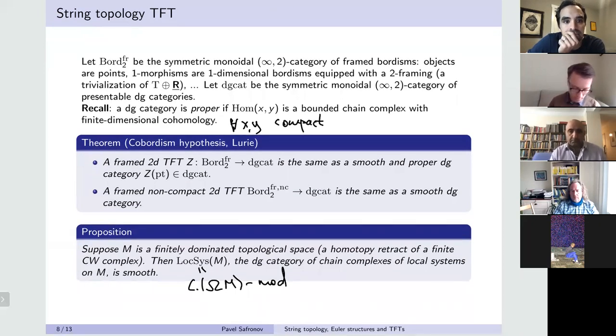And maybe if you're not familiar with this correspondence between local systems and modules over chains on the base loop space, it has a more basic version: ordinary local systems, non-DG, are the same as representations of the fundamental group. So chains on the base loop space is kind of a homotopy version of the group algebra of the fundamental group.